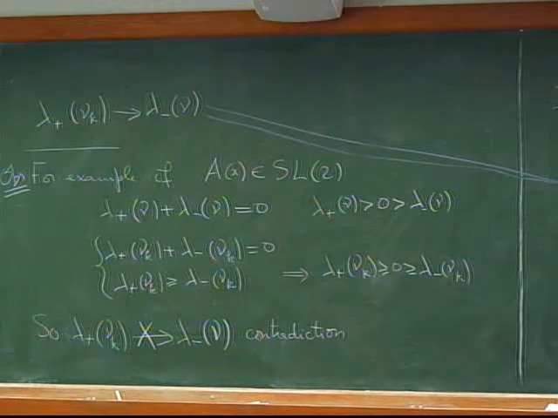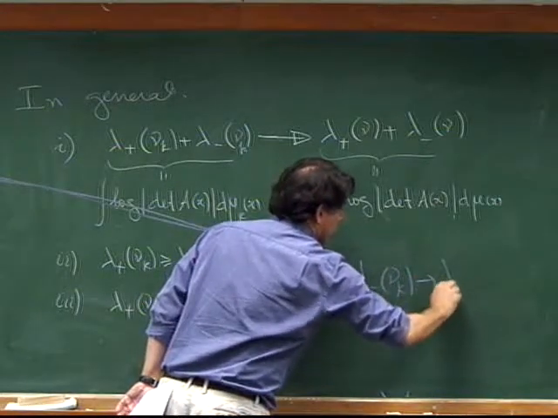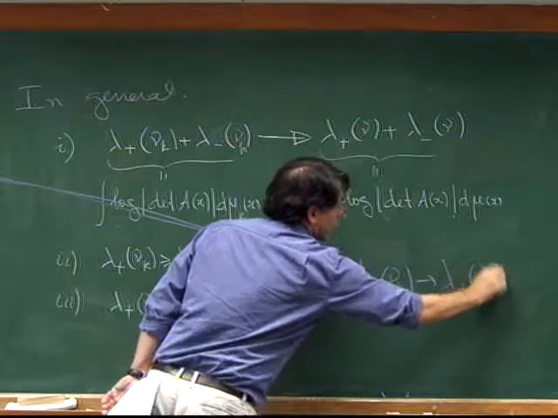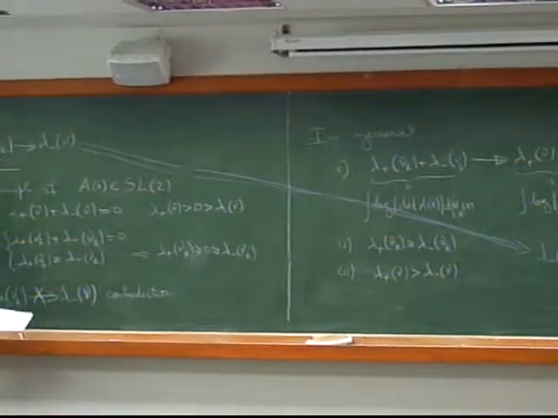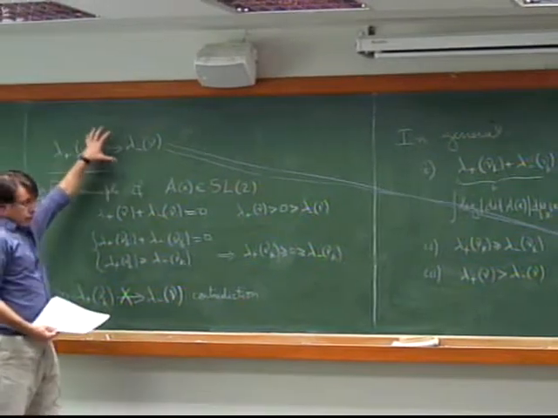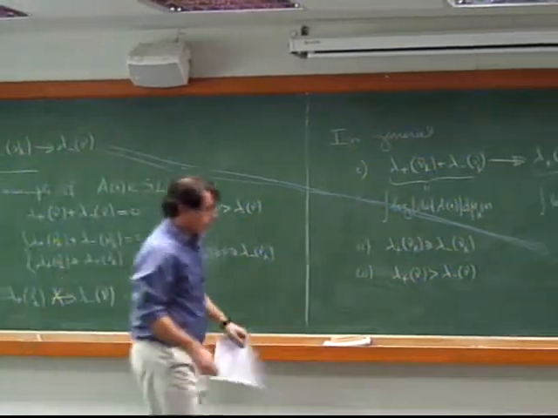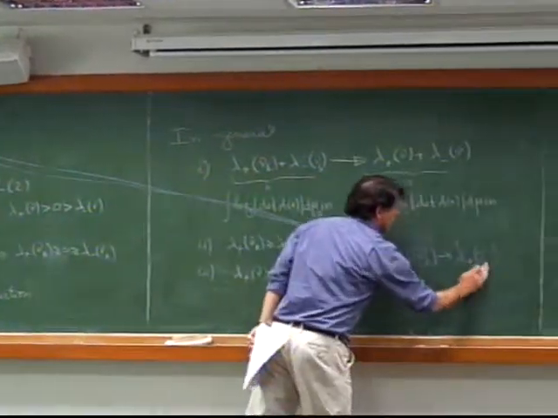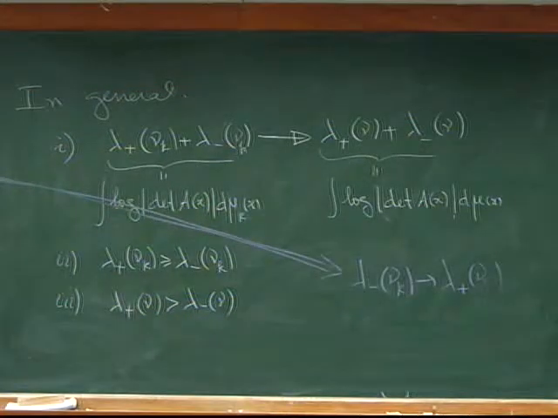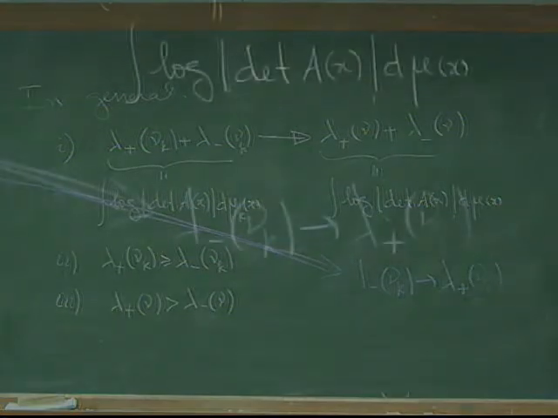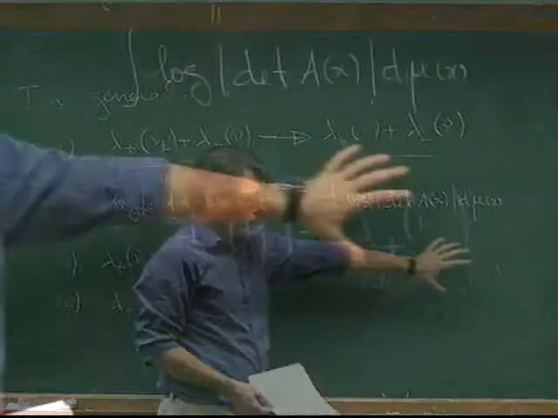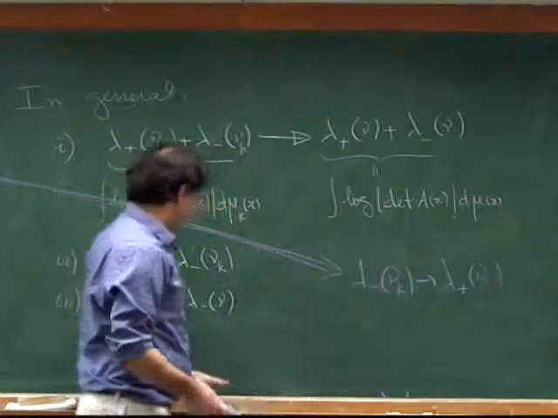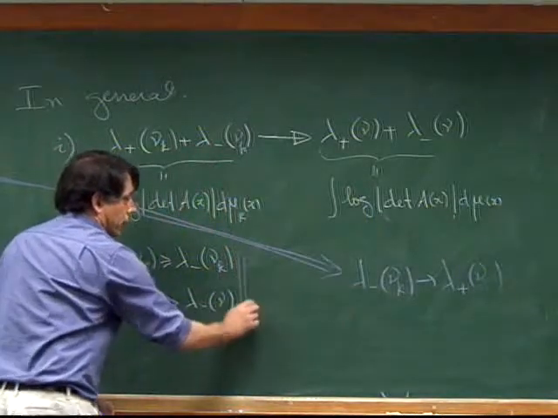In other words, if the big guys converge to the smaller limit, then the small ones would have to converge to the big limit. And that's a contradiction with these two properties.